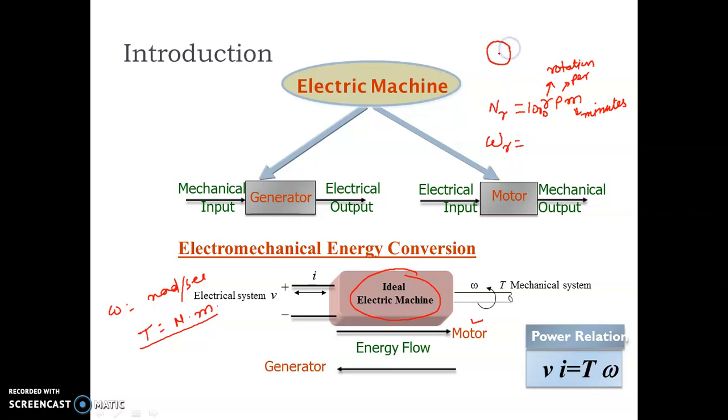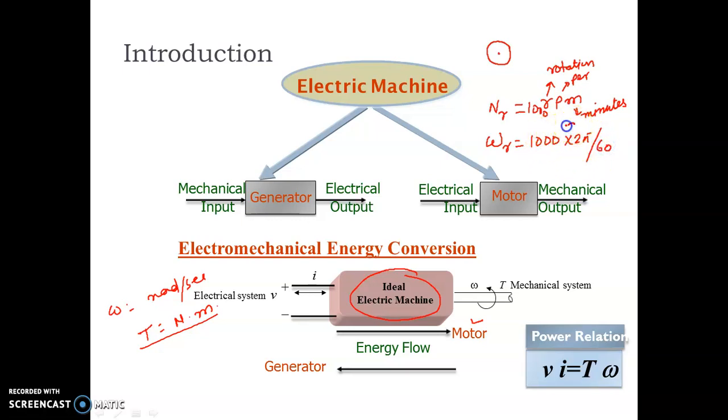How much angle does it make? 2 pi radian. For one rotation, the angle is 2 pi radian. For 10 rotations, 10 multiplied by 2 pi. For 1000 rotations, it will be 1000 multiplied by 2 pi. This is in radian, and per minute, so you need to convert into per second. So you have to divide by 60.